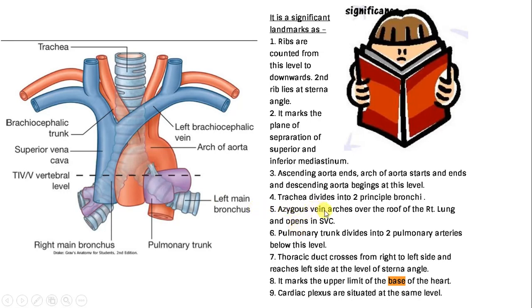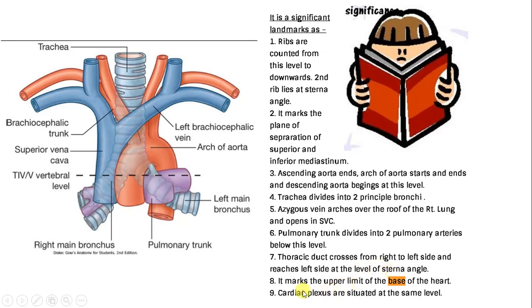Then the azygos vein arches over the root of the right lung and empties into the superior vena cava at this level. The pulmonary trunk also divides into right and left branches. The thoracic duct crosses from the right to the left at this level and then empties into the left brachiocephalic vein. It is also the upper limit of the base of the heart.